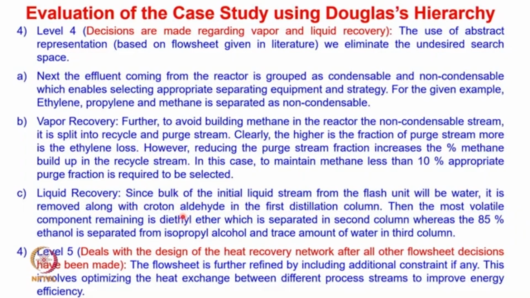So we can separate diethyl ether in the second column, and once it is separated, the diethyl ether will be recycled back to the reactor, and the bottom product coming from the second distillation column then will be charged to the third distillation column, where the 85% ethanol is separated from isopropyl alcohol and trace amount of water.